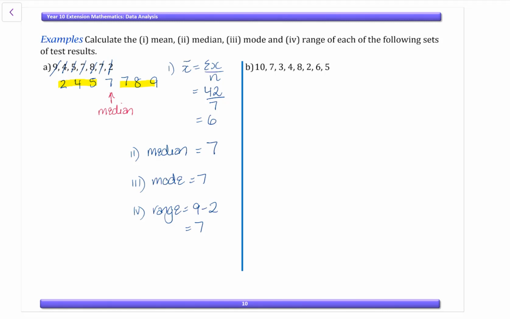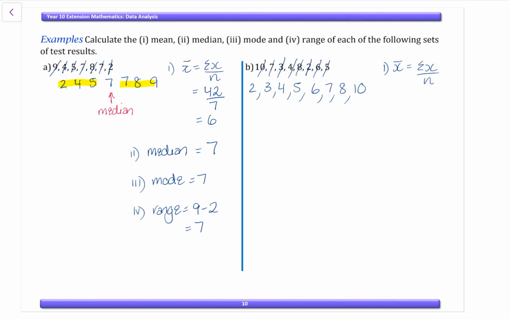Okay, now let's look at the next question. Again, I'm going to start by putting it in order. So we've got 2, 3, 4, 5, 6, 7, 8, and 10. Okay, let's do the mean. The mean is the sum of the scores over n.